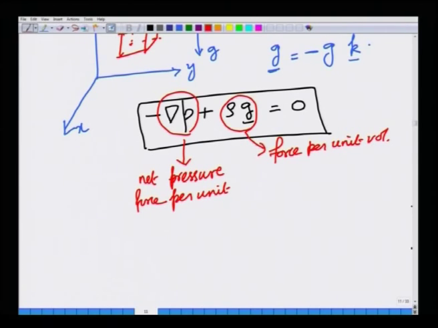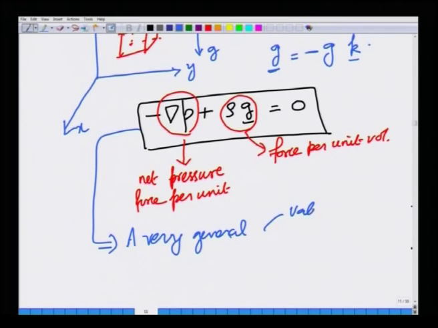Now, you should remember that this is a very general equation, in the sense that it is valid for any coordinate system, not necessarily the rectangular coordinate system depicted in this cartoon.